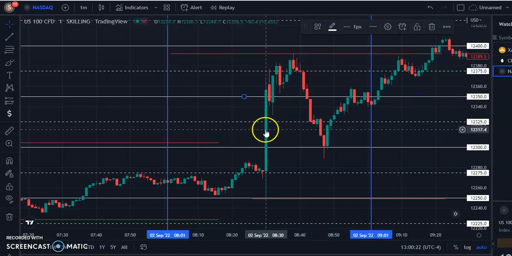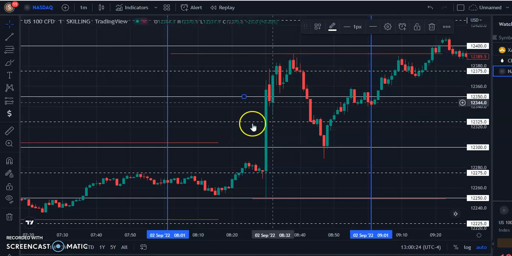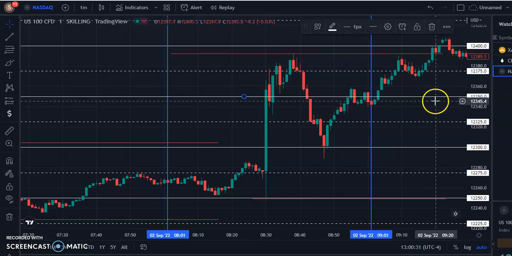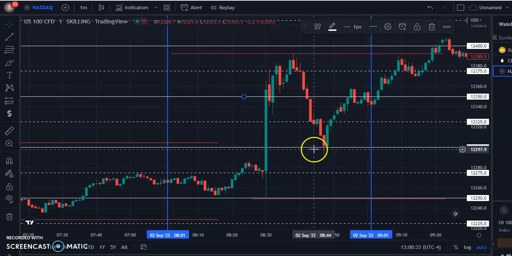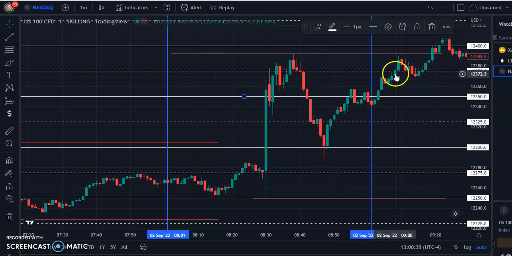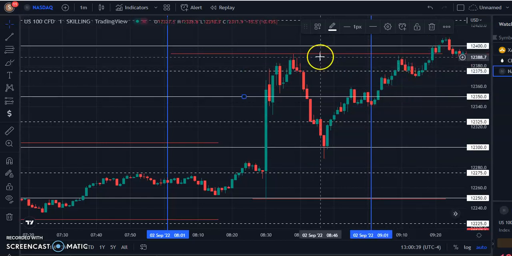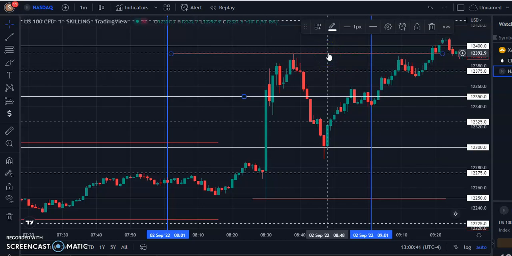Already you can see this is a pump and dump. Then in the second hour prior to New York open, what happens? The market comes back again and breaks above the high of the session, the high of the day.